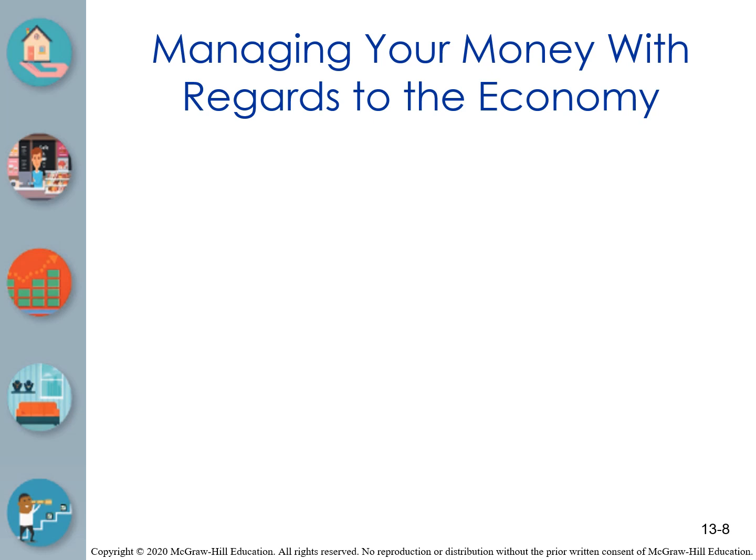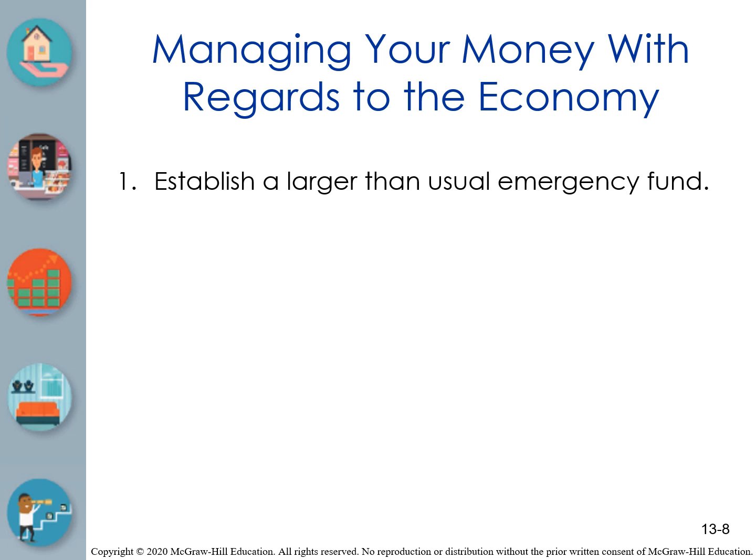So, managing your money with regard to the economy, establish a larger than usual emergency fund if things look bleak. If we are heading into a recession, you pull back on your spending. This is the normal course of action for consumers. Know what you owe, understanding what your balances are.